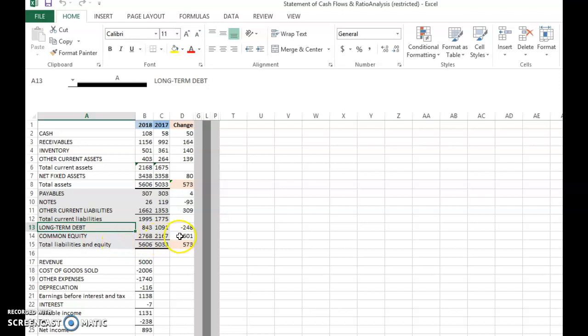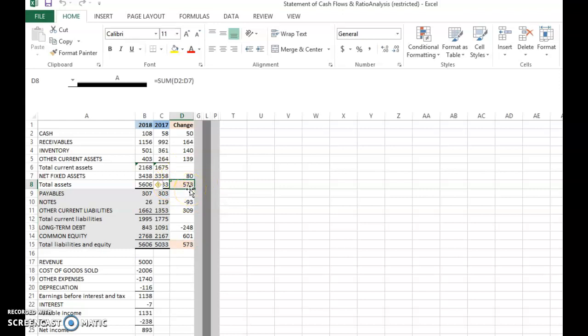Common equity has also gone up by 601 million. The thing you need to note here is to compute the total change in assets and the total change in liabilities and equity. The total change in assets is 573 million.